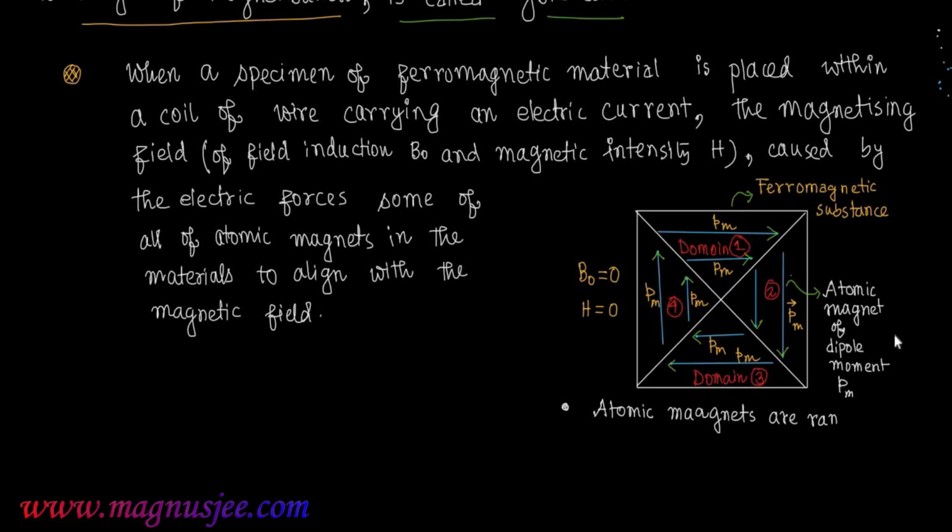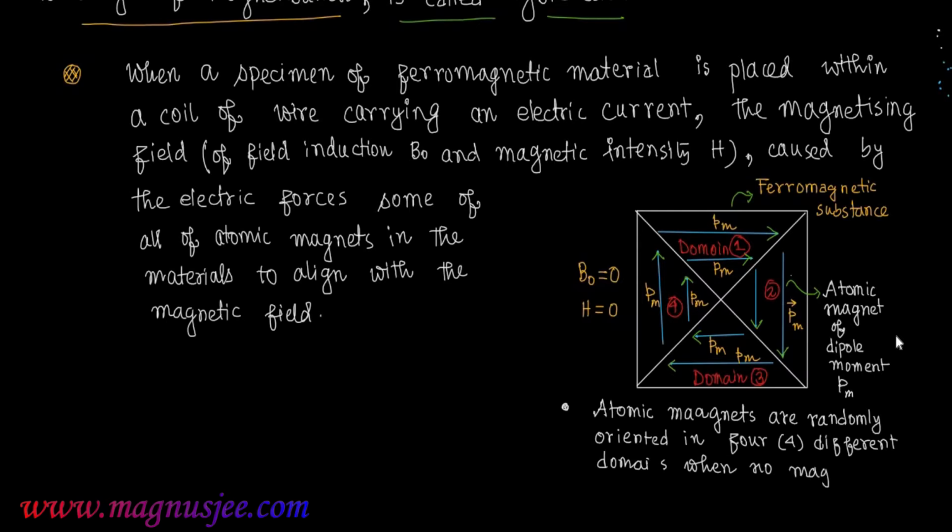Atomic magnets are normally oriented in four different domains, and in a particular domain atomic magnets are oriented parallel to each other.